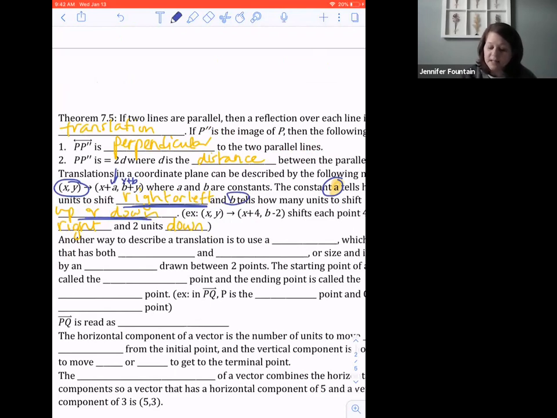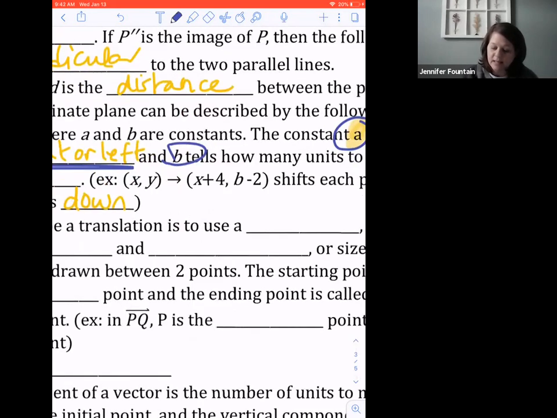So if I start with (x, y), then x plus 4 means I'm going to the right 4. And y minus 2 tells me I'm going down 2. So when I started with (x, y), I'm going to move x from where it is, I'm going to go right 4. And y is going to go down 2. So that tells me where to plot my point.